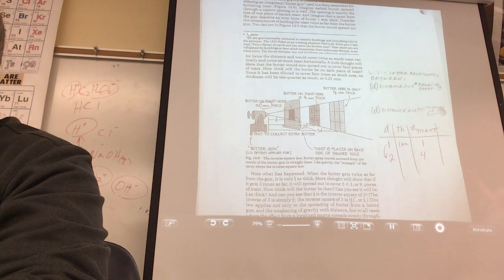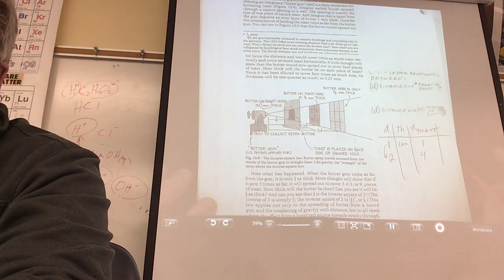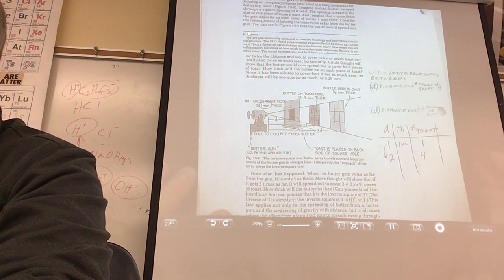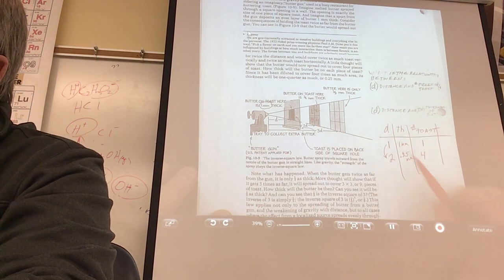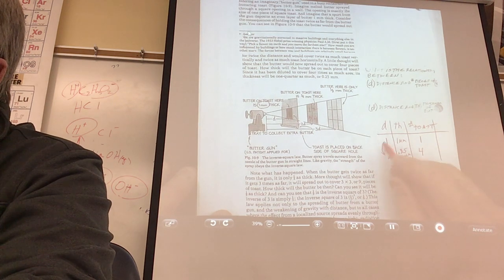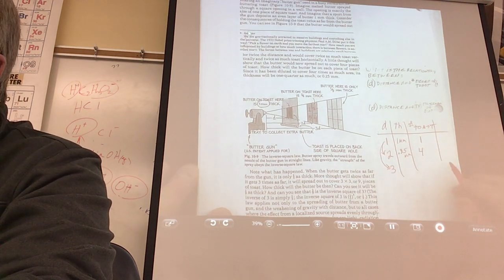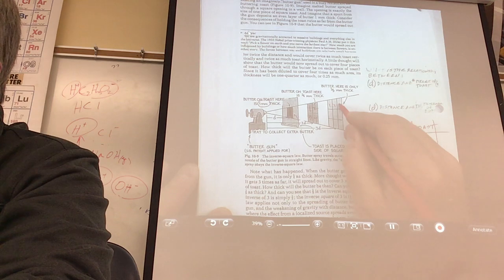But how thick is the butter on each piece of toast now? Yeah, 1/4 of a millimeter. Right. Now, let's move the butter gun to 3 times the original distance.